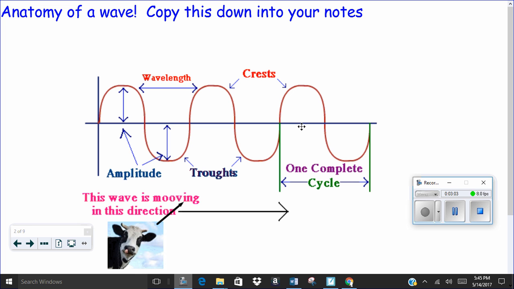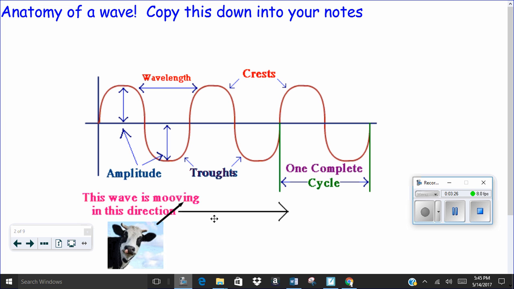And again, here's 1 complete cycle, which is the same distance as a wavelength from here to here. And you'll see equilibrium, top of 1 crest, equilibrium, bottom of the second trough, back to equilibrium. 1 complete cycle, 1 complete wavelength.